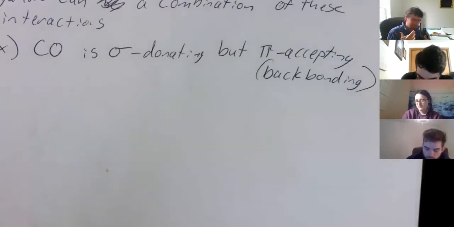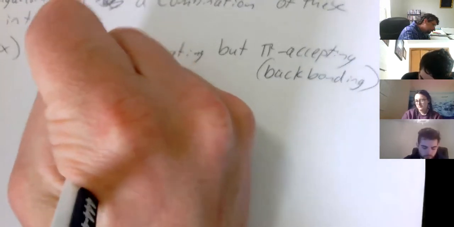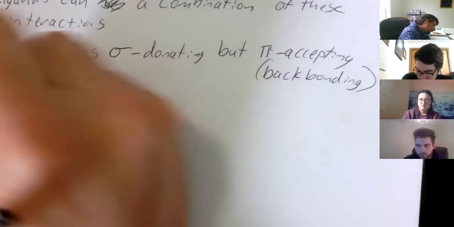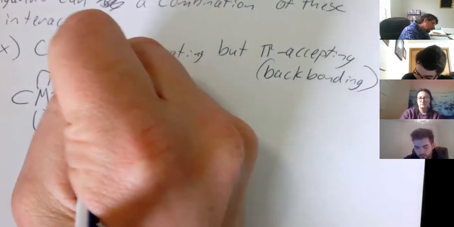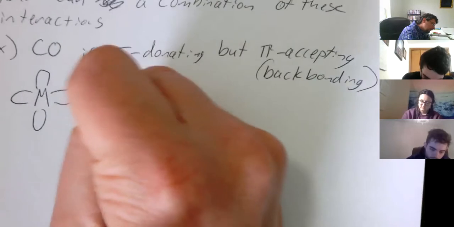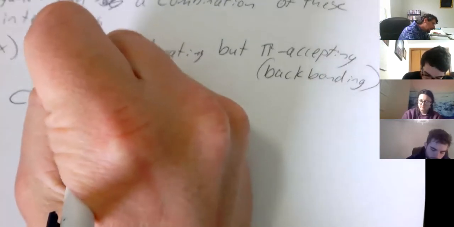There's some give and there's some take. So you have a metal that has a sigma type interaction with the HOMO of carbon monoxide.